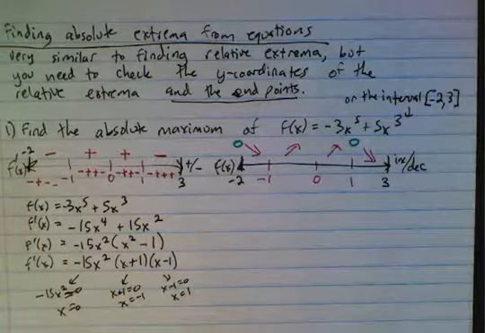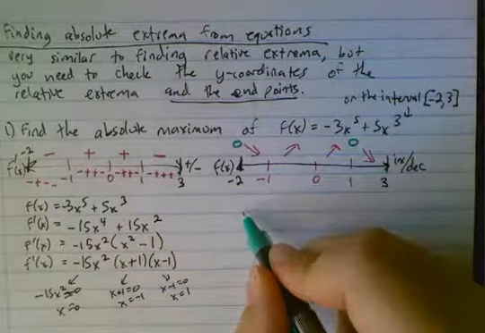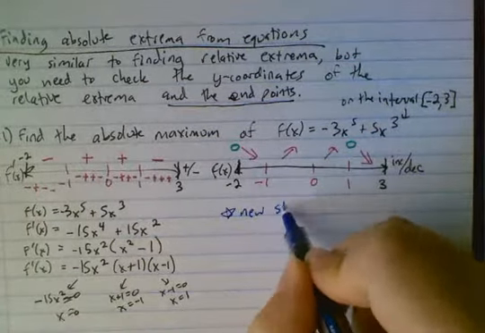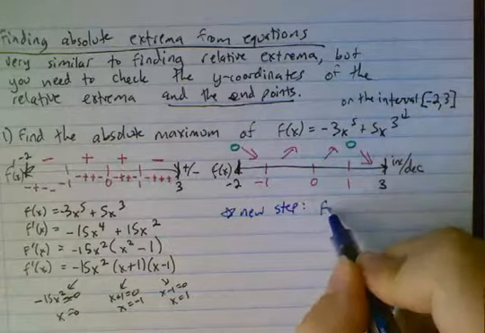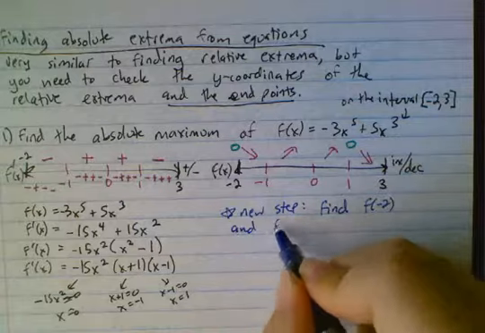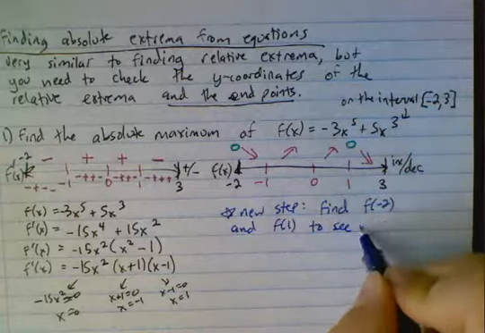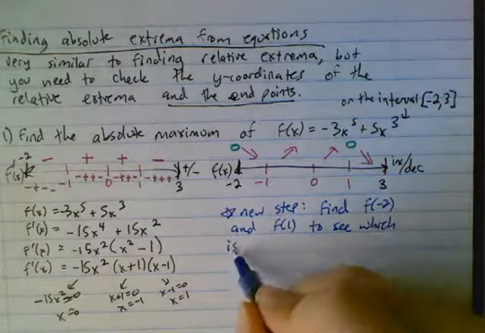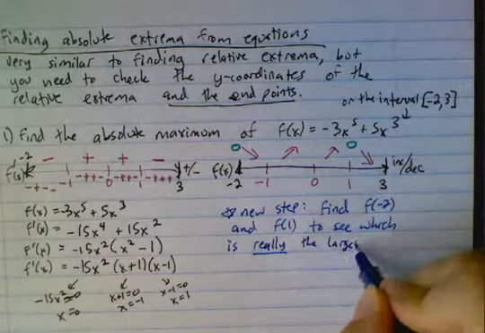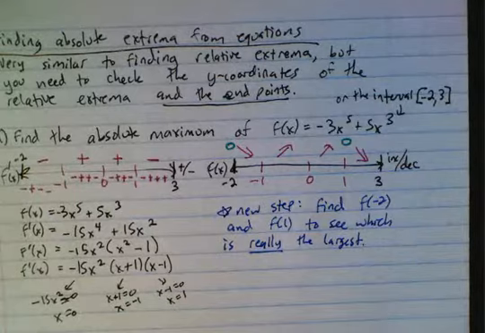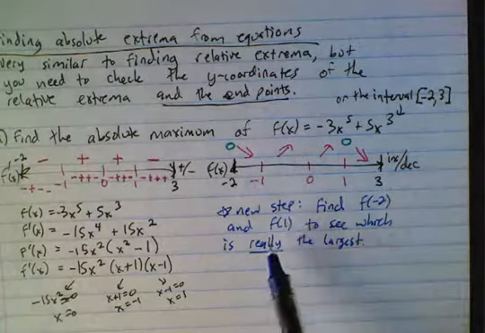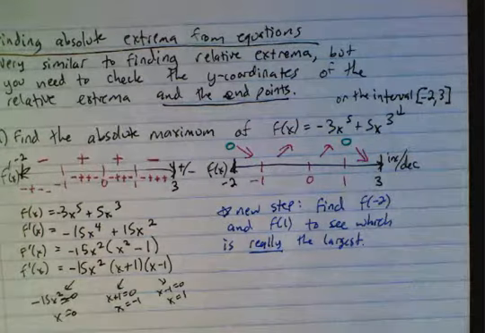So what we have to do now is check. We're going to find f of -2, which is one potential absolute maximum. We're going to find f of 1, and we're going to compare them to see which is really the largest.